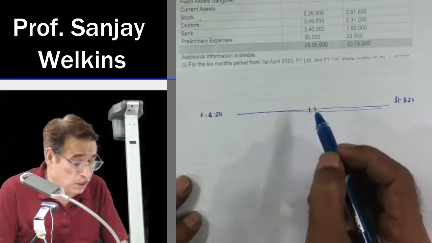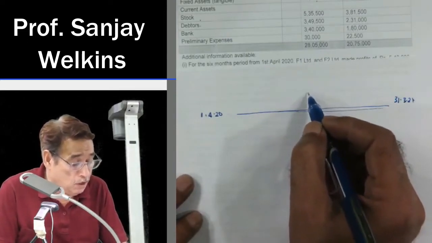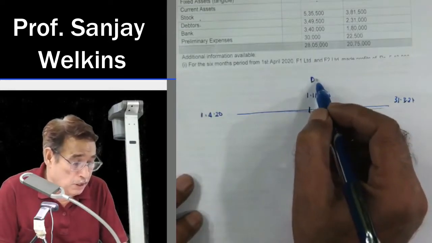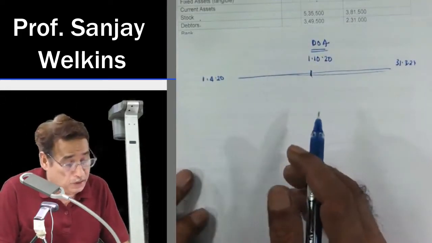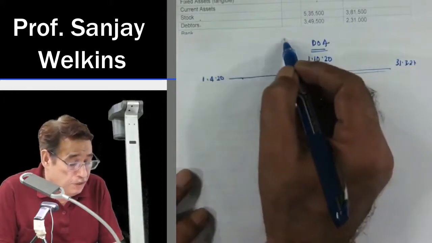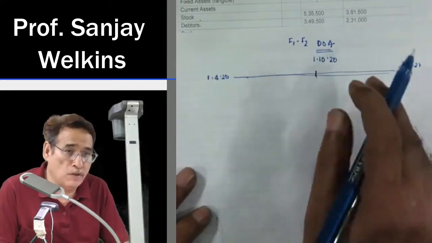We have been told that F1 Limited took over F2 Limited on 1/10/2020. This is your date of acquisition, you may say so. Correct? Further, question states that F1 Limited took over F2 Limited on this date, 1/10/2020.